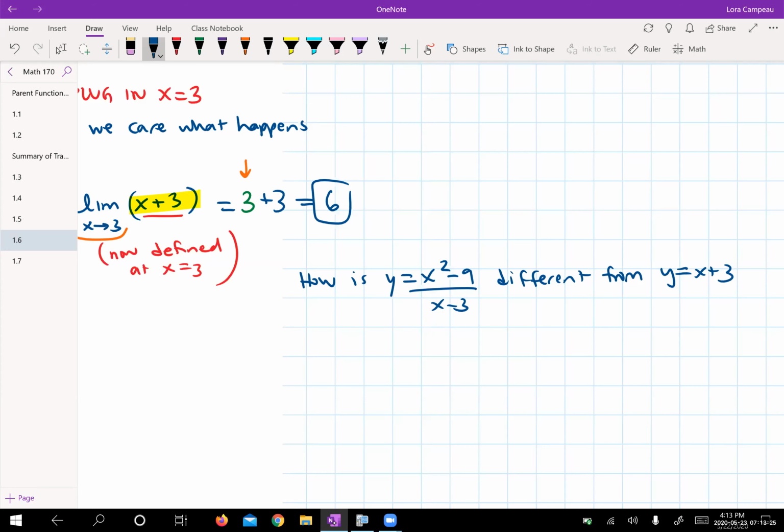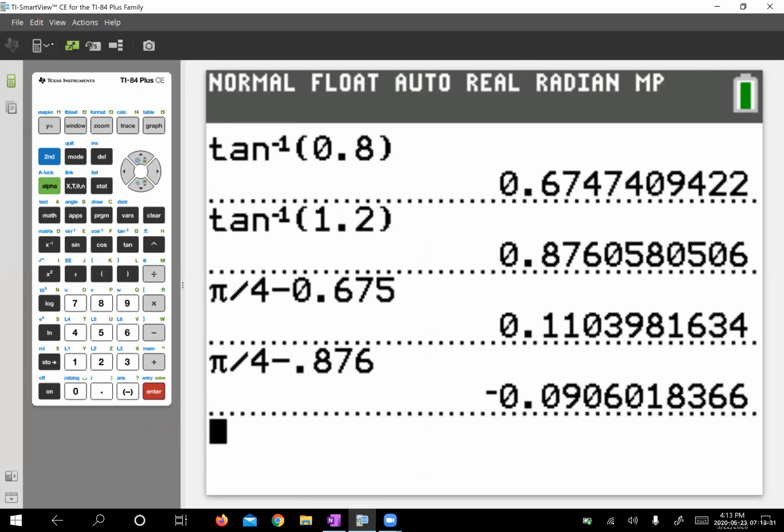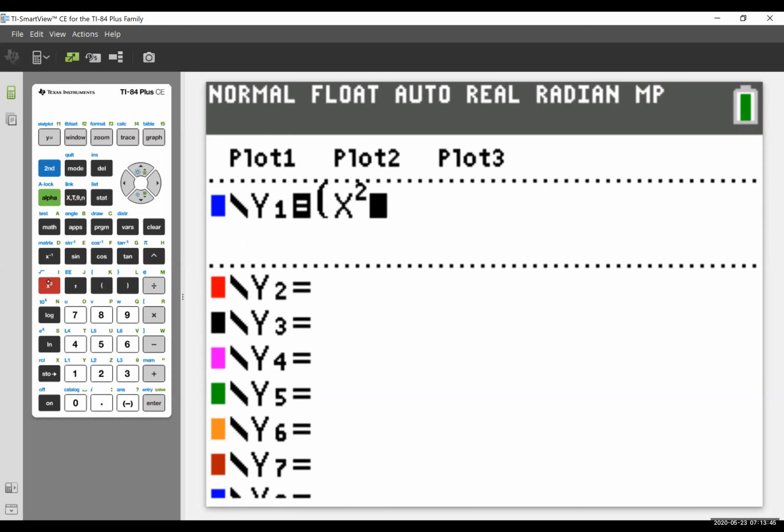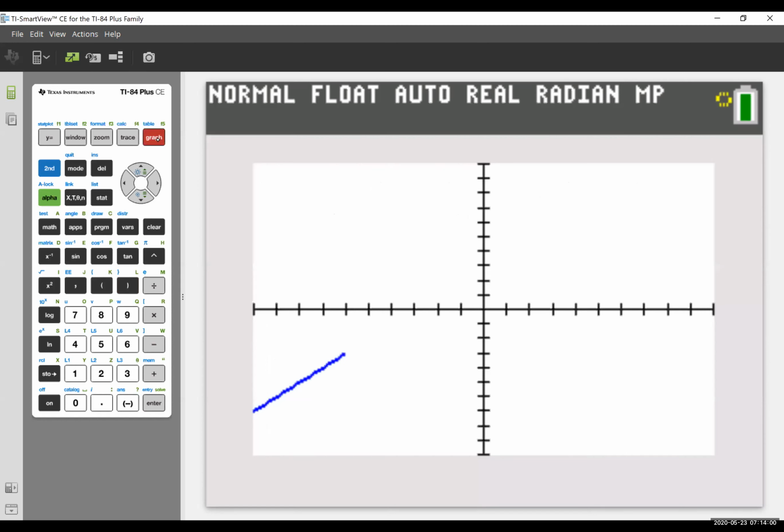We can always use our TI to help us inspect this a little more. If I'm using a rational function, let me clear the original part out. Usually I like to enclose the numerator in parentheses, divided by the denominator, completely enclosed in parentheses, so we're not missing anything. I think I'm in a standard window. I'll press graph, and it appears that we have a line.